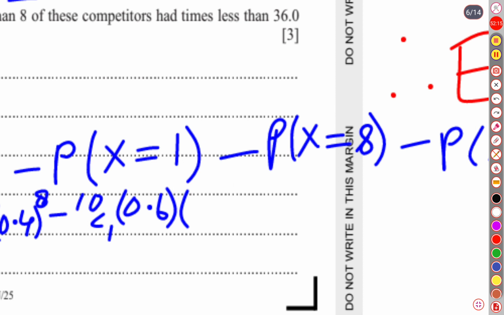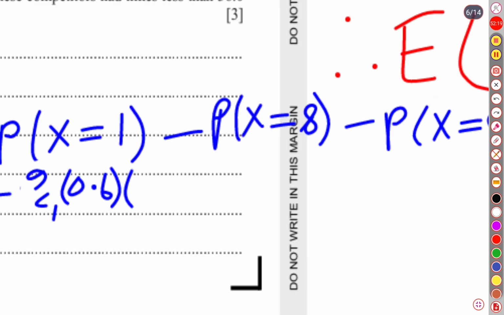So 9 choose 8. Out of 9, one is taking more than 36 seconds, so the rest 8 are taking less than that.